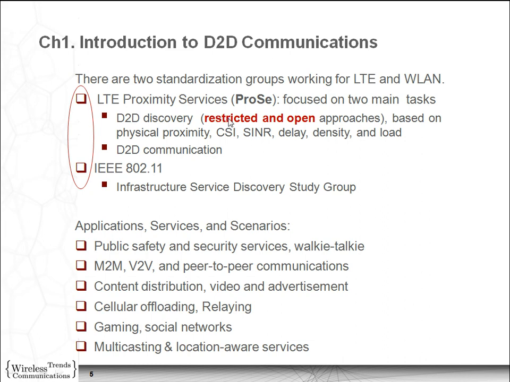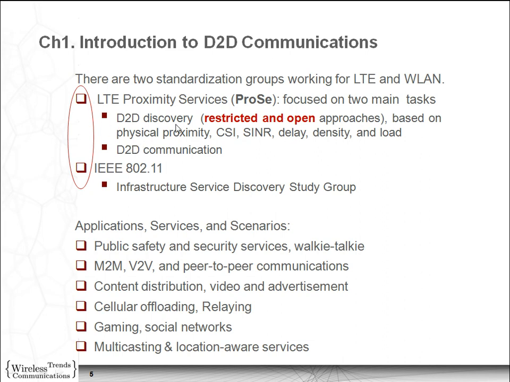So restricted is when we have this tight control by the cellular network, and open is when the devices need to perform the discovery themselves. And of course, these proximity services, as I said before, are based on the physical proximity, but also other parameters: the SNR, the delay, the density, or the load that they have in the network.